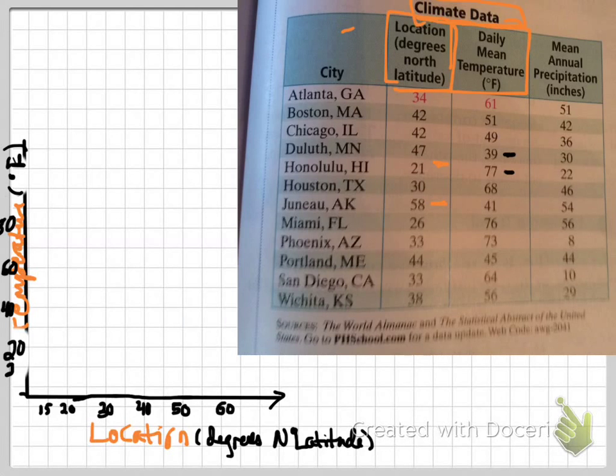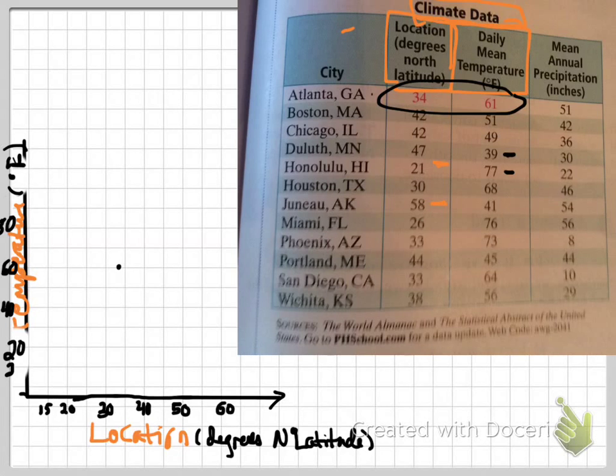So I have 34, 61 as the data point. So 34, 61 is the point for Atlanta, for example, right? That's Atlanta, Georgia.